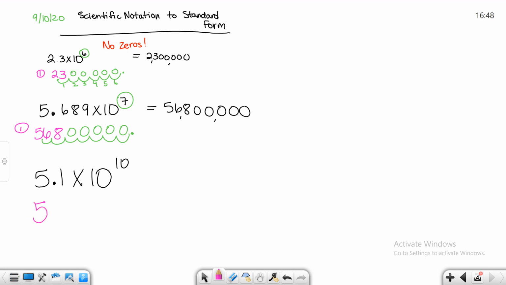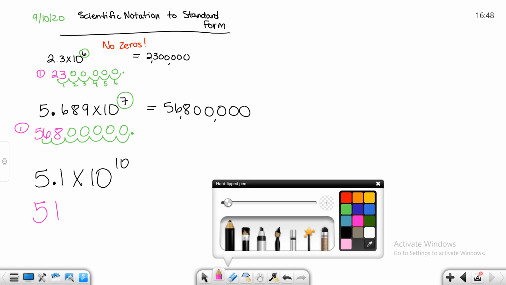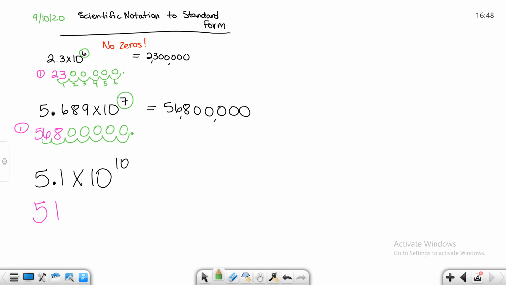This becomes 51. And we're going to keep in mind where my decimal was so I can count 10 spaces to the right. 1, 2, 3, 4, 5, 6, 7, 8, 9, 10.